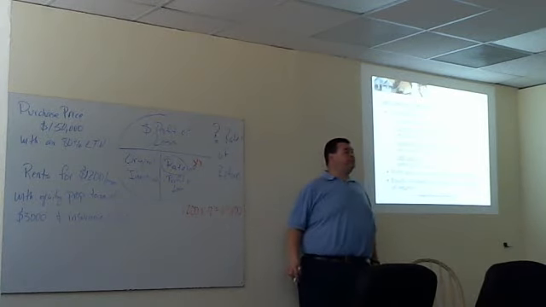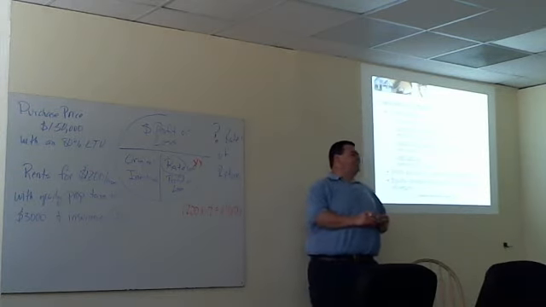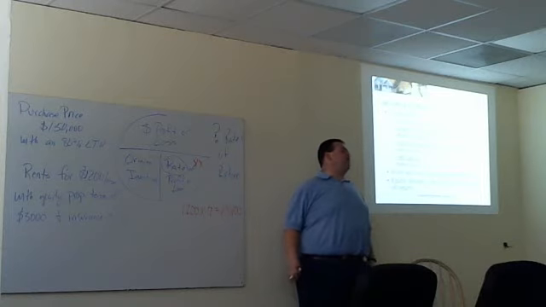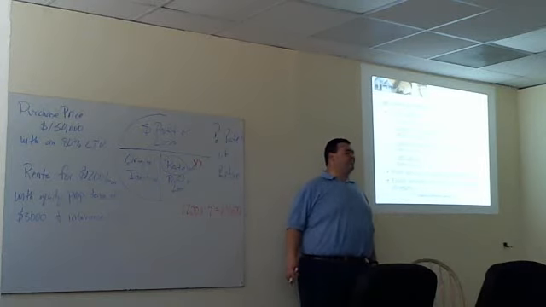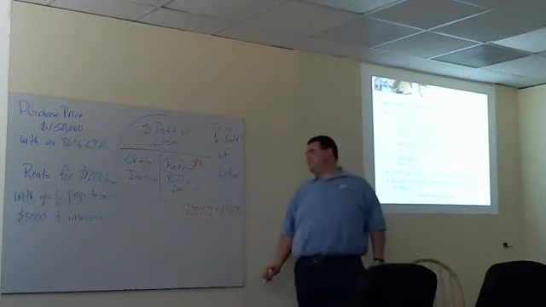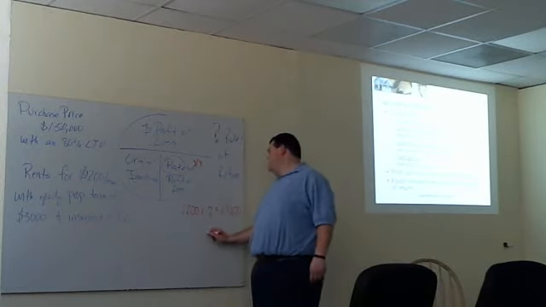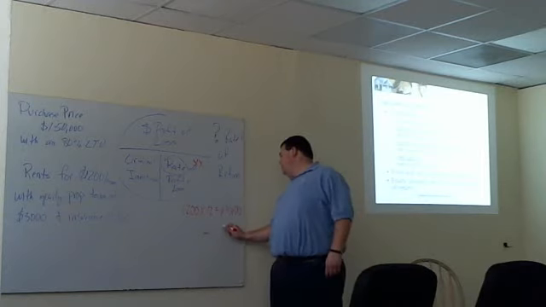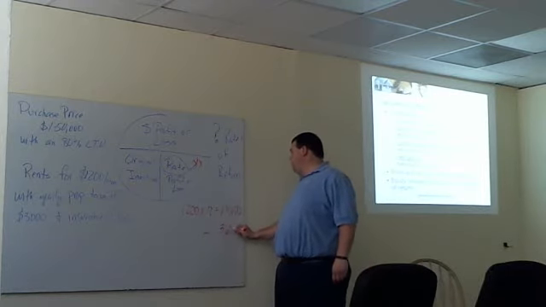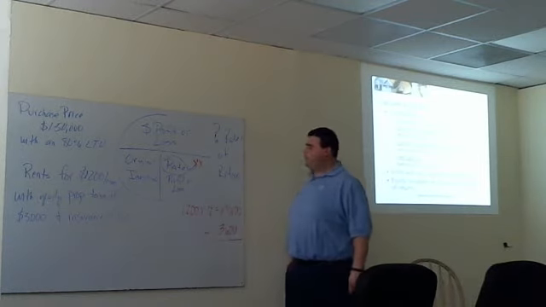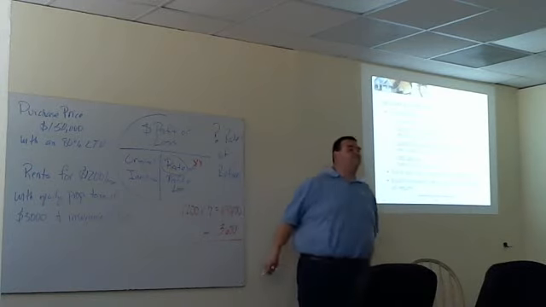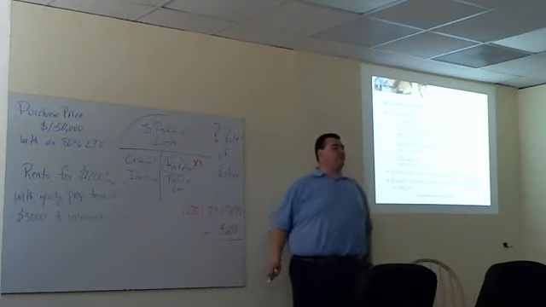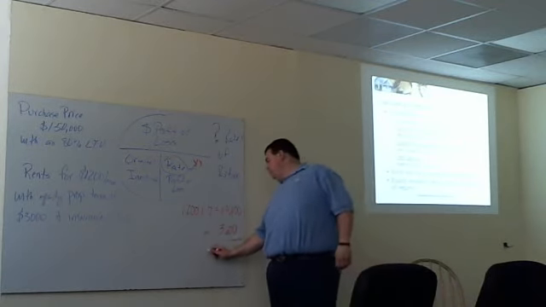Subtract out the taxes and insurance, otherwise known as my operating expenses, of $3,600 a year, and what am I left with for a profit on that property? $10,800.